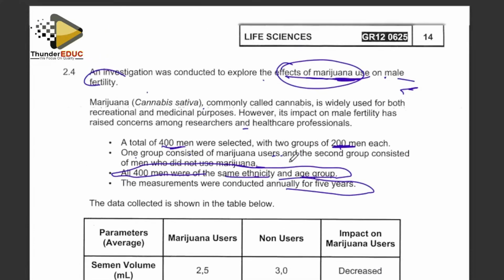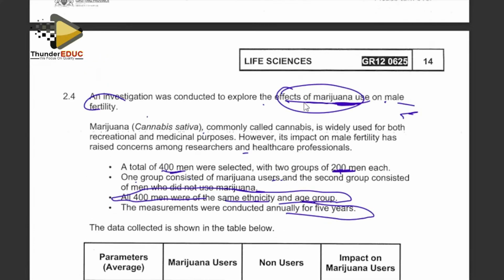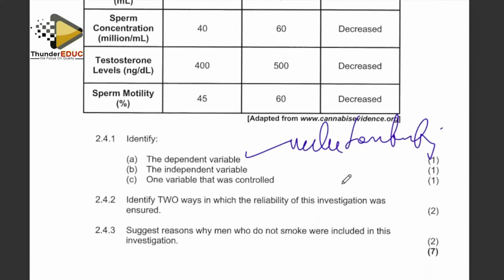Then they are saying that the independent variable, the effect of marijuana, meaning that the use of marijuana. How much marijuana do you use? So the effect of marijuana or the use of marijuana, that will be the independent variable.